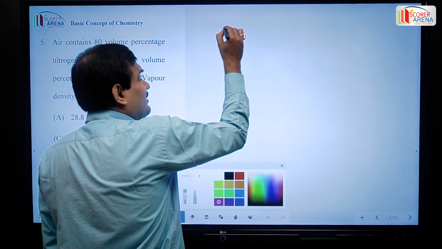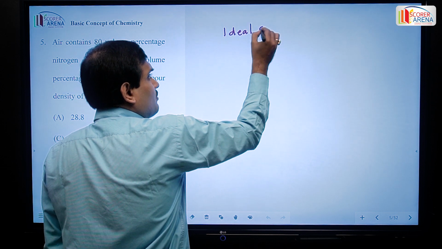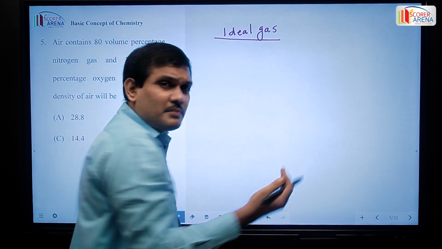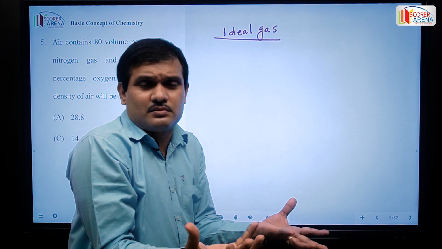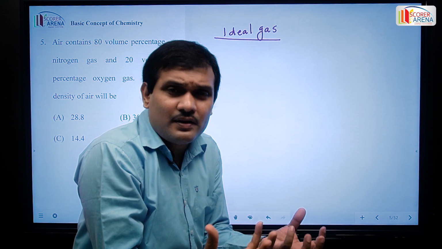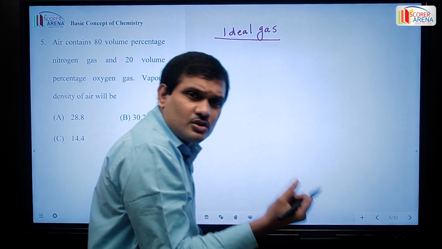So we have the ideal gas equation. Now when it is given that air, air means it will be an air in some place. So when we consider some sample of air, it will have constant temperature and constant pressure.